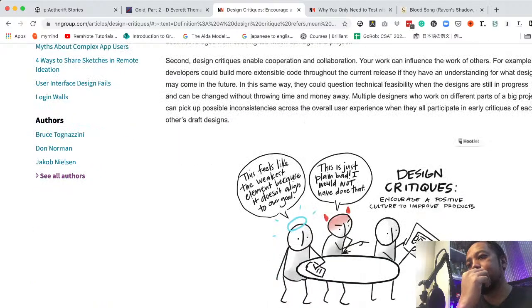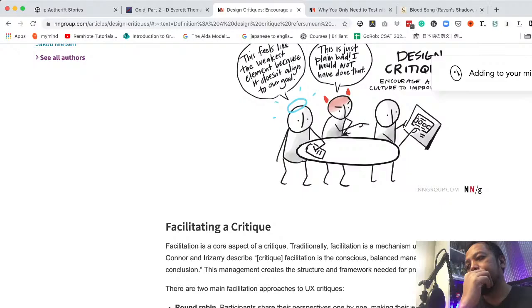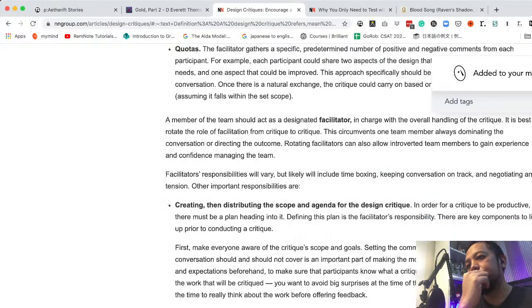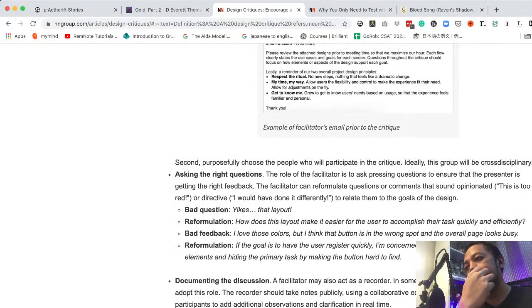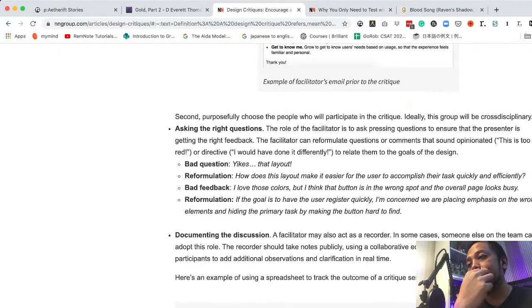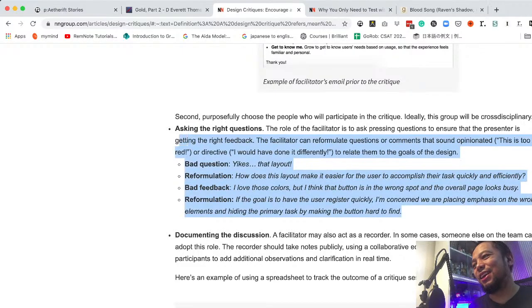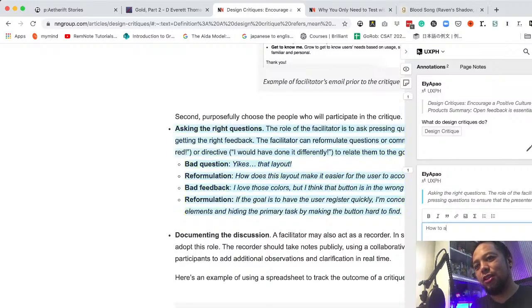This is nice. Creating a musical agenda for design critique. And there's a formal asking the right questions. This is nice: how does this help the user accomplish the expectations? Examples of questions, how to ask questions in the design critique section.